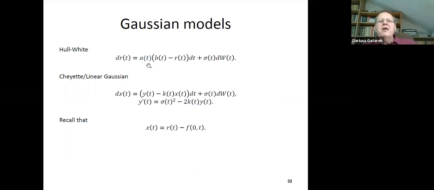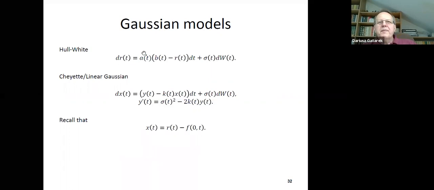Of course, as far as I know, in practice A is never time dependent. In theory it might be time dependent, but in practice it's never time dependent, but it is calibrated, yes.